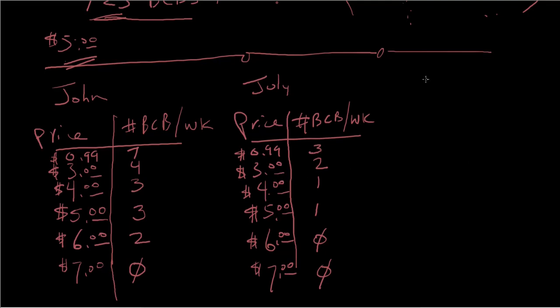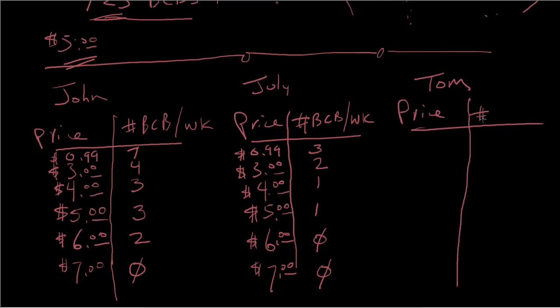Here's another one. I asked some more students, this time it's Tom, and Tom is a football player. Same question: hey Tom, if it's $5, how many bacon cheeseburgers per week? He said, I'll have three.